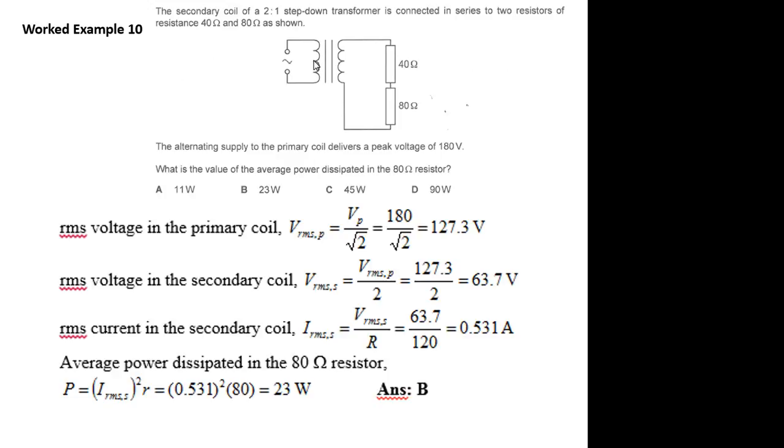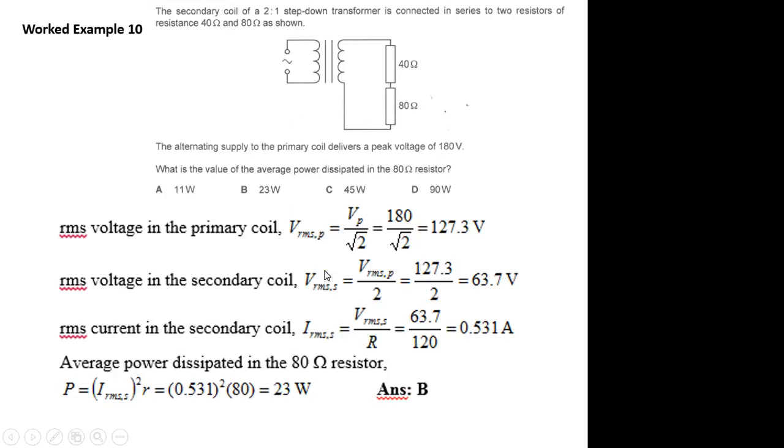Very sneaky. The 2 to 1 they give you is not the turns ratio as such. It's the ratio 2 on the primary side, 1 on the secondary side, because they say it's a step down transformer. Also, you cannot go making assumptions that 2 to 1 is a turns ratio. You cannot.